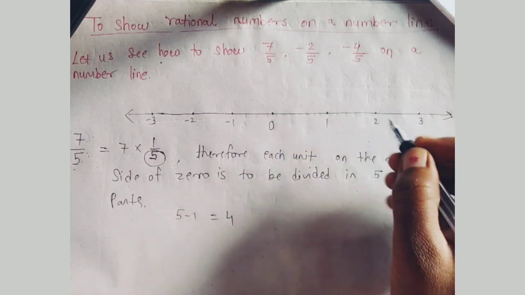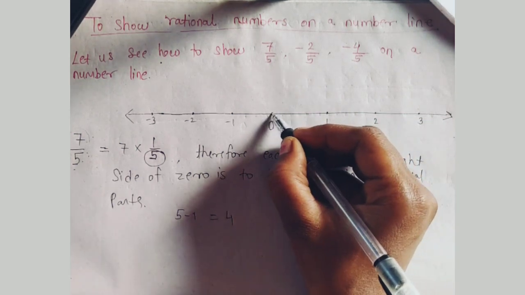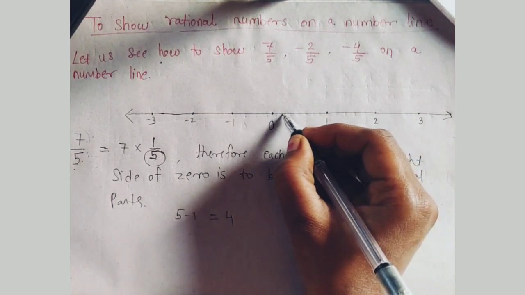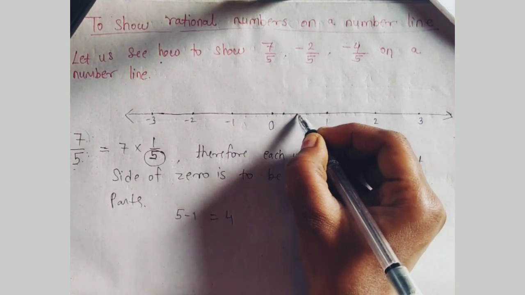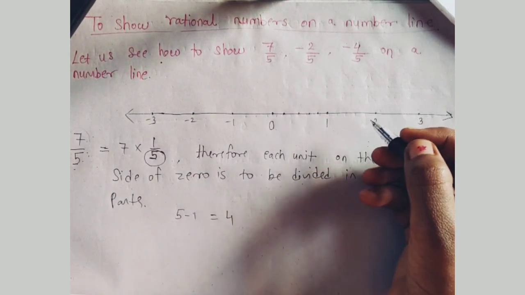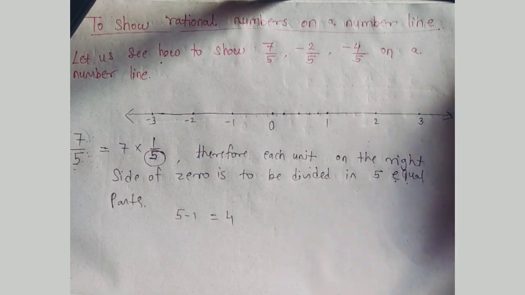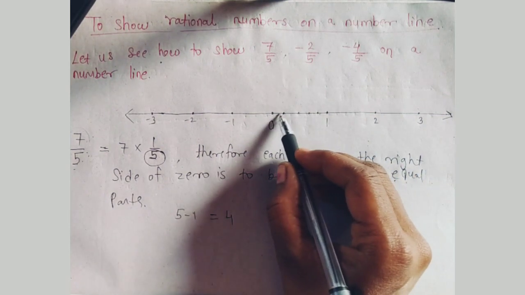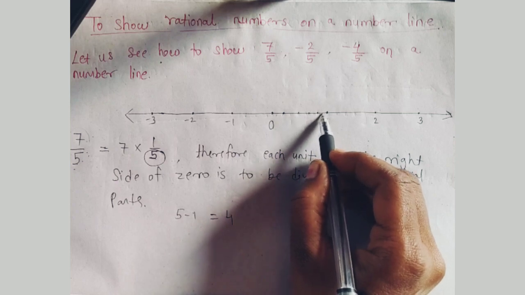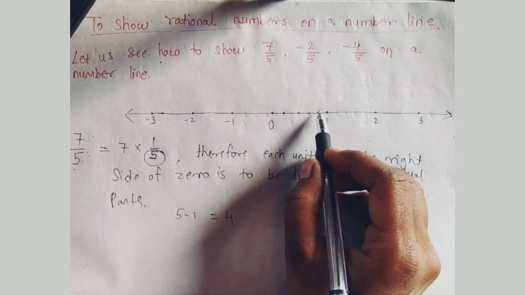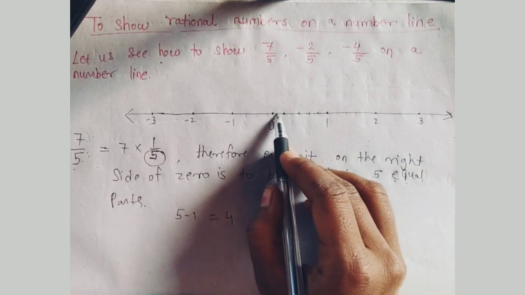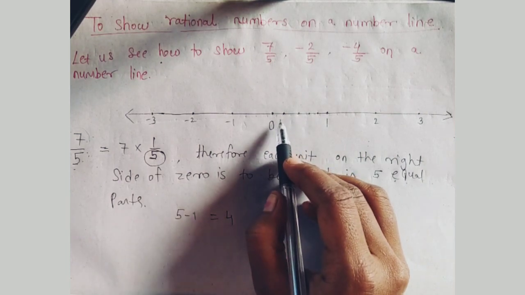In 0 and 1 there are 5 equal parts: 1, 2, 3, 4. Now we can see part 1, part 2, 3, 4, 5. This is divided in 5 equal parts. These parts are also called intervals.